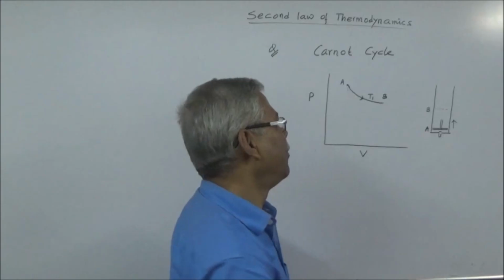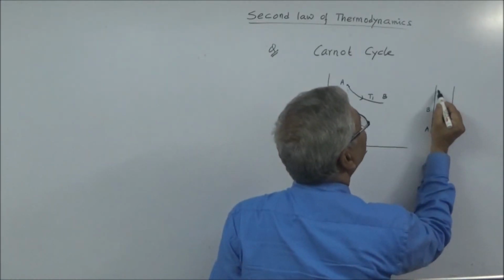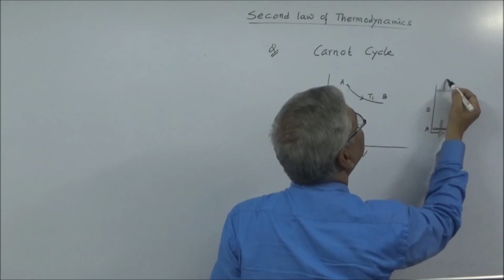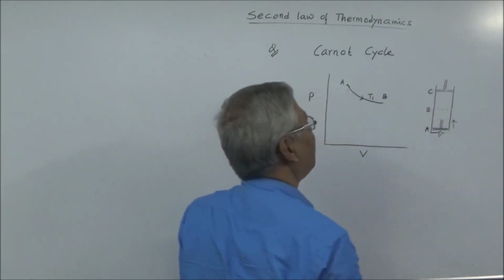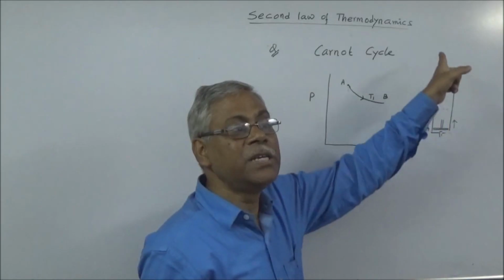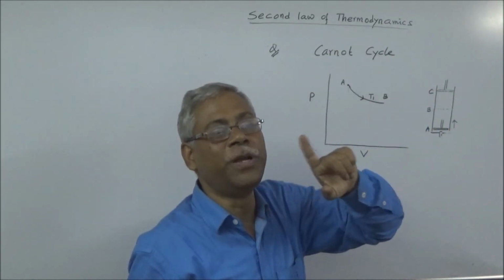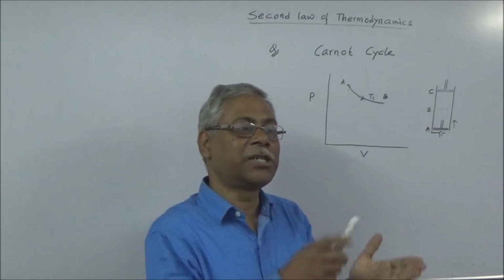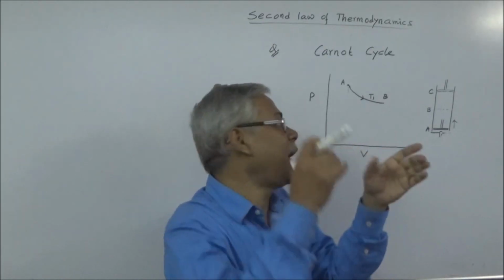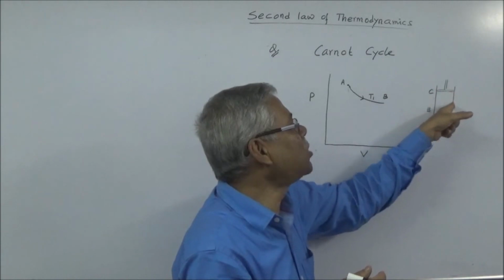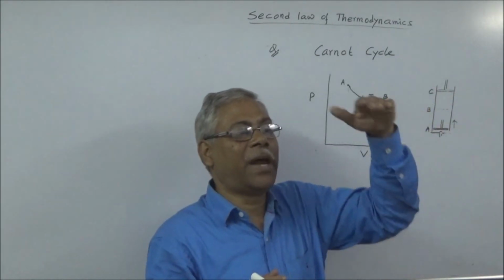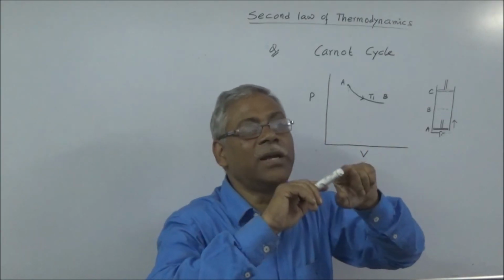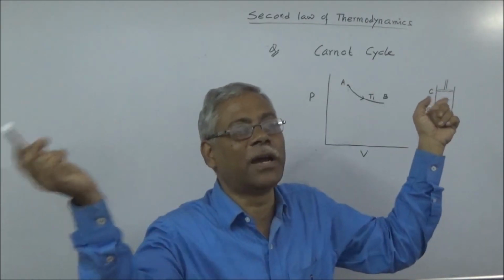Okay, then from B to C, this part of the expansion should be done adiabatically. Adiabatic means extremely fast process, and the walls of the cylinder and the body of the piston should be highly insulating so that neither heat can go out nor heat can come in.